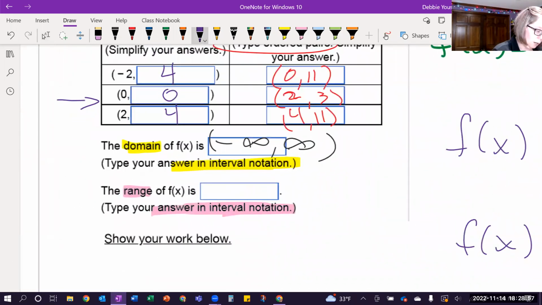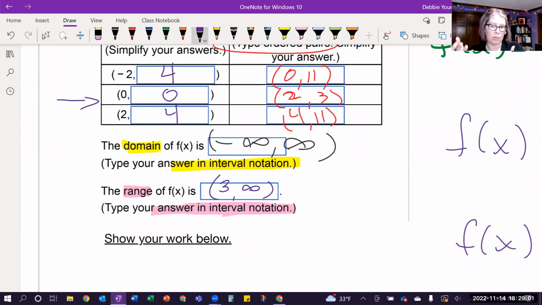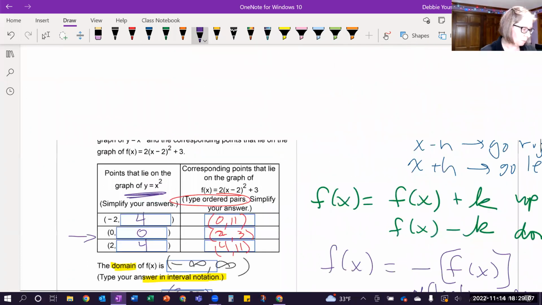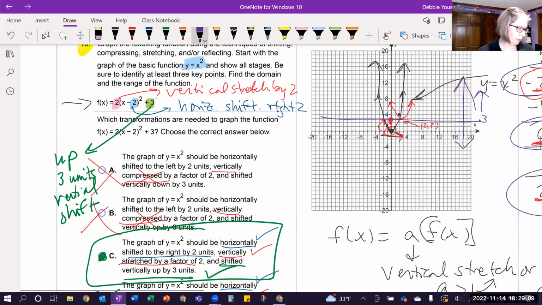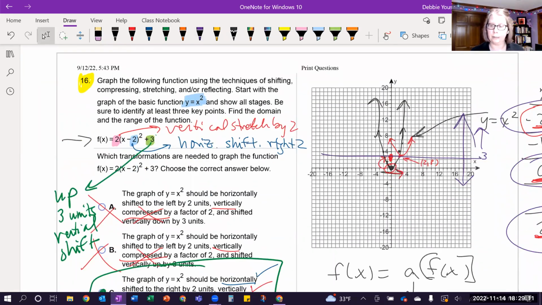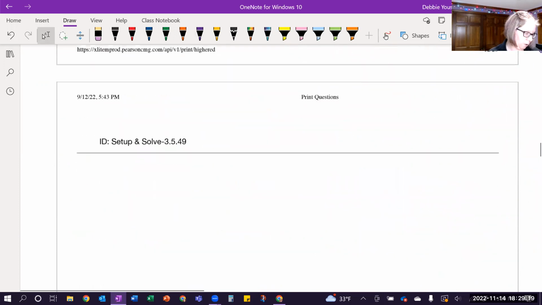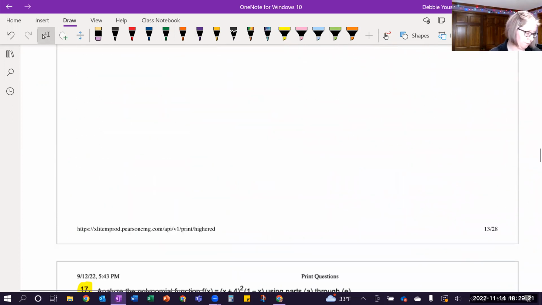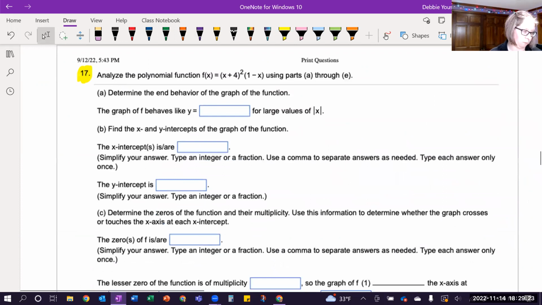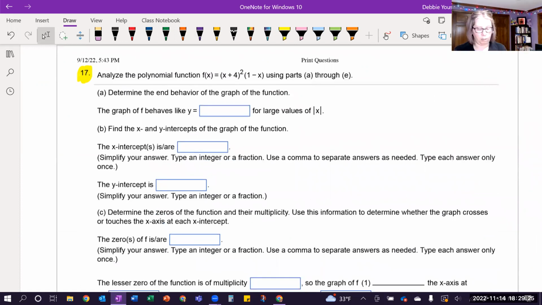My range here starts at 3 and goes to infinity because of the way it was shifted up. And that's where the bottom of the parabola was. So that's how I would do number 16, okay? Again, with the little variations of using the tools in MyLab. All right, then number 17, I will go on to next. And if anybody has a follow-up question on anything I just said in that problem, please let me know.